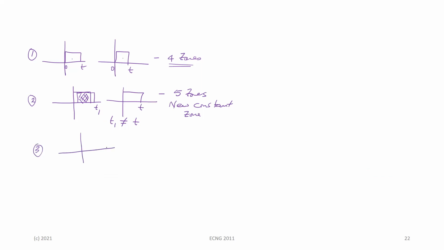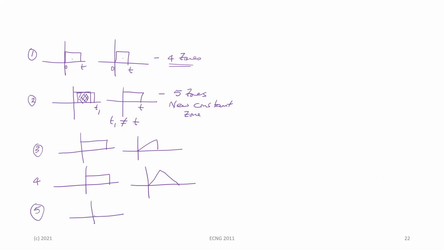So you had things like a rectangular pulse and something looking like that, a ramp, right? A rectangular pulse, and then a triangle, and then something looking like this now, 2 triangles, right?